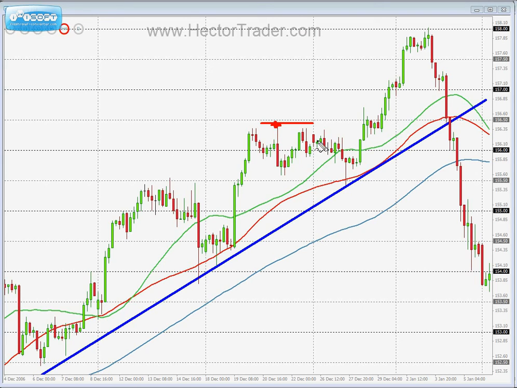So that's another third element. Let's see, we have a Fibonacci retracement around this area. Yes, we have the 61% Fibonacci level right there, also at 156.40, 156.45, around there.